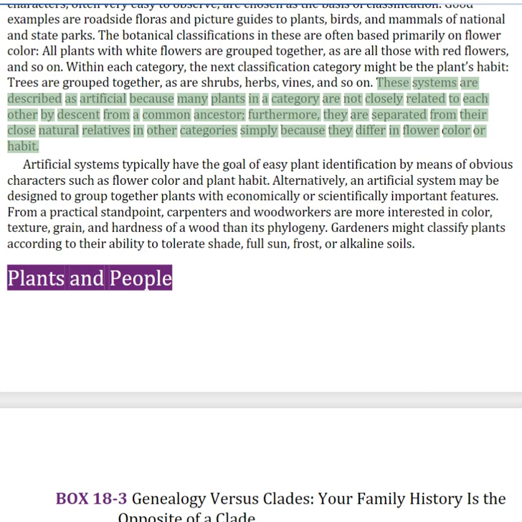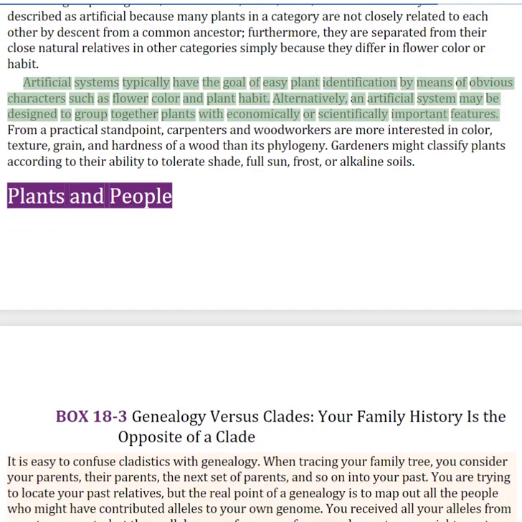Furthermore, they are separated from their close natural relatives in other categories simply because they differ in flower color or habit. Artificial systems typically have the goal of easy plant identification by means of obvious characters such as flower color and plant habit. Alternatively, an artificial system may be designed to group together plants with economically or scientifically important features.